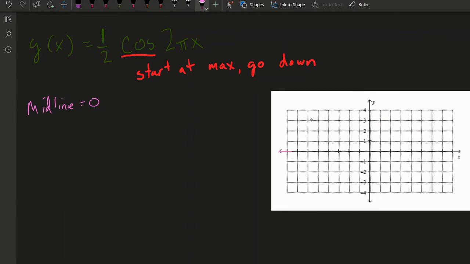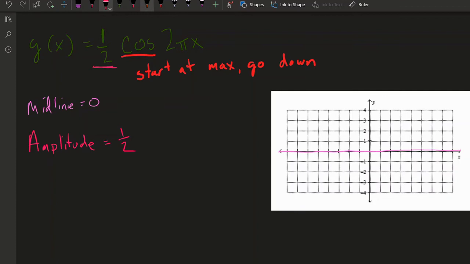So I'll go ahead and draw the midline in. I see right here that the amplitude in this case is going to be 1/2. So I'm only going to be going up and down by 1/2. So it's shrunk down quite a bit.